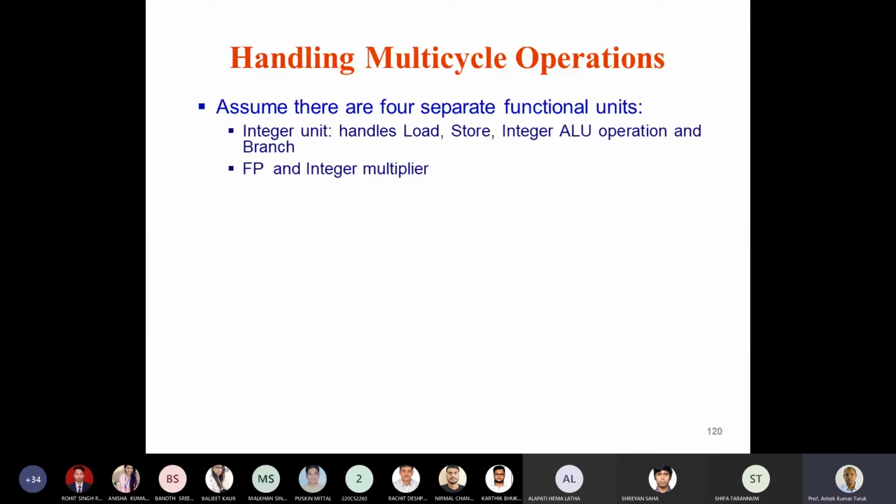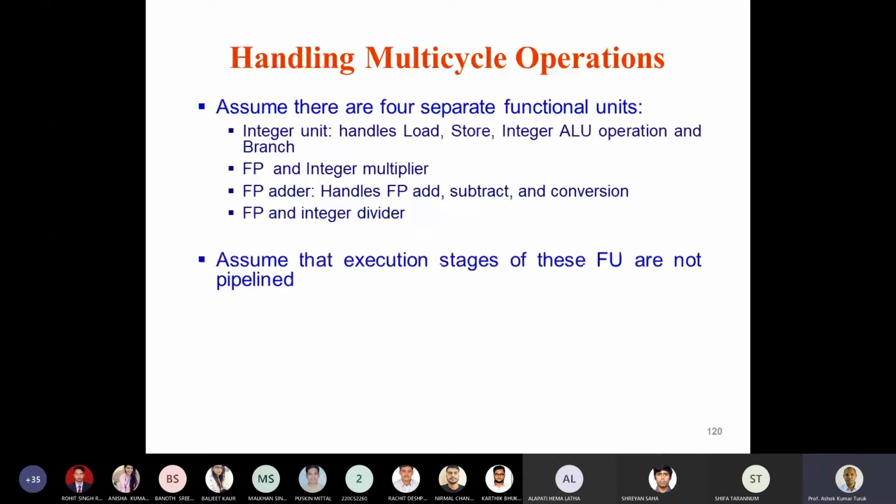Then we have a multiplier which can handle both floating point multiplication and integer multiplication. Then we have a floating point adder. It handles all the floating point addition, floating point subtraction, and the conversions that take place. Then we have a divider which performs the floating point division as well as the integer division.